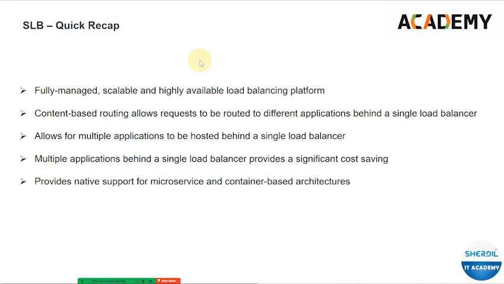It allows for multiple applications to be hosted behind the server load balancer, and multiple applications behind a single load balancer provide significant cost saving. So what you need to do is set up a server load balancer behind the machines provisioned on the ECS and then attach them. Provides native support for microservice and container based architecture.